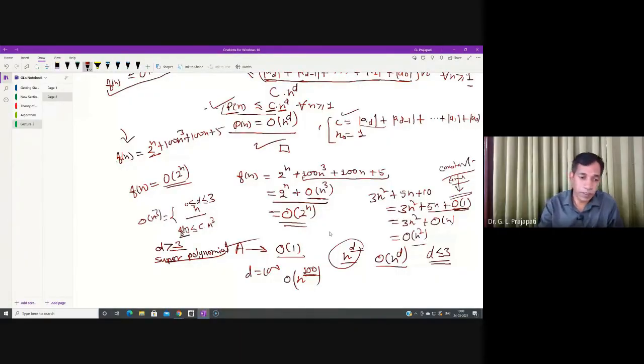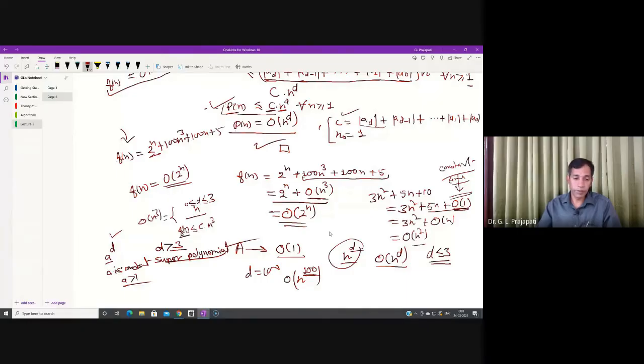Exponential in nature means whenever you have some constant a raised to the power d, where a is a constant greater than 1 and d is the variable.